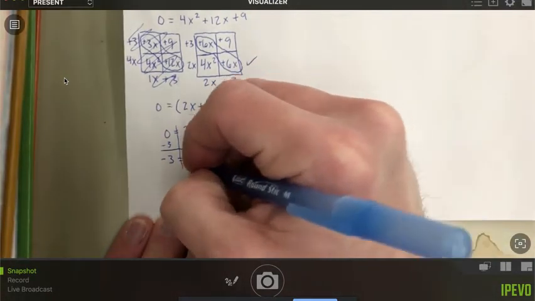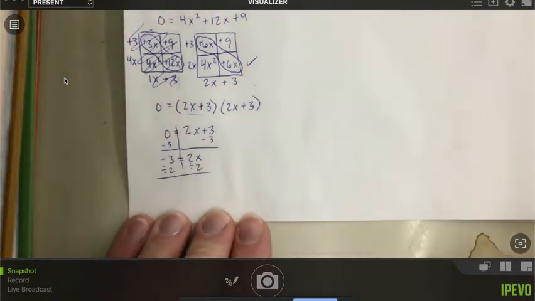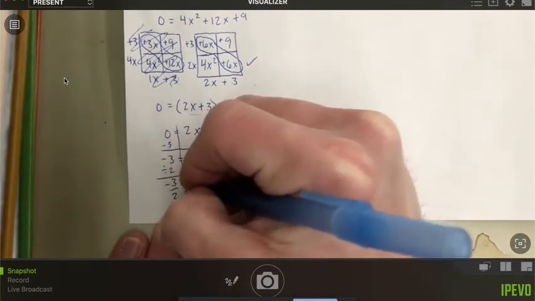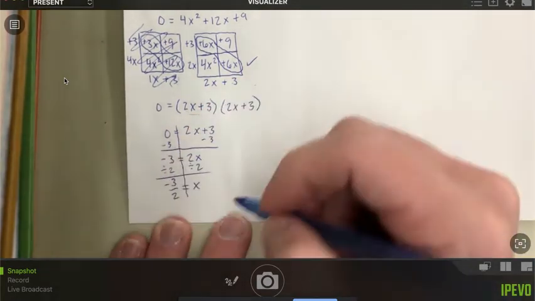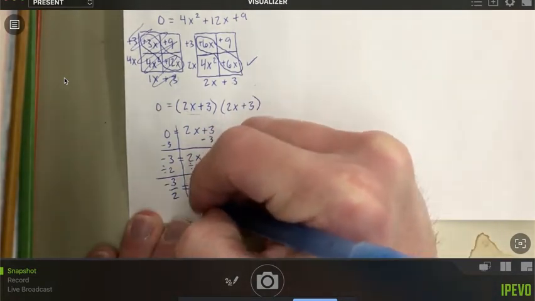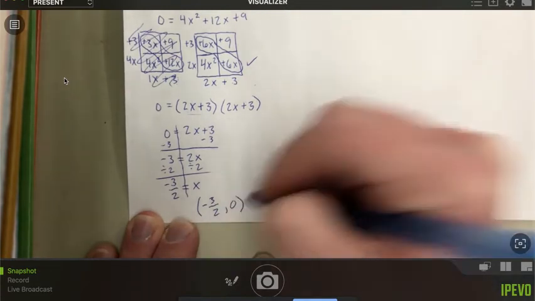All right, and then I'm going to divide both sides by 2. Negative 3 could be divided by 2 for a decimal, but decimals are lame. So let's leave it as a fraction. All right, so sure enough, I'm finding out that negative 3 over 2 must be my x value.